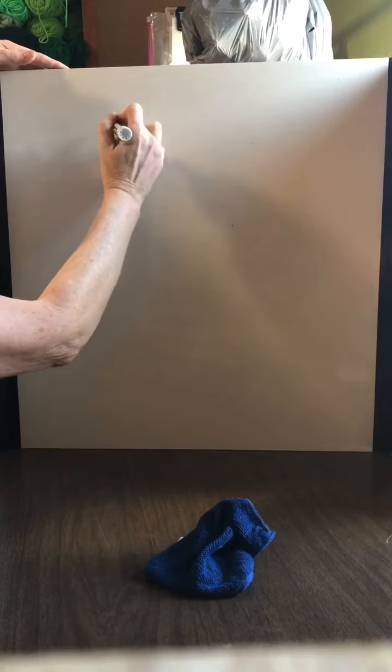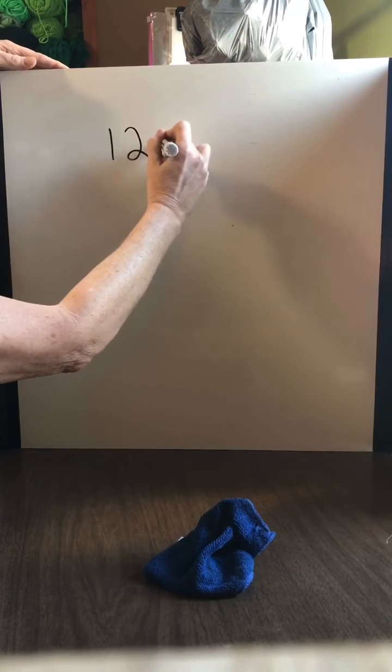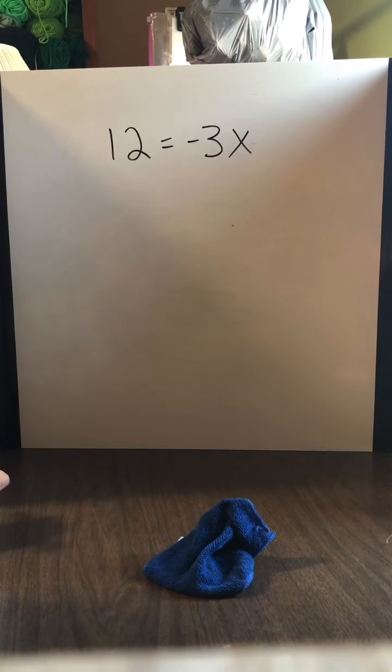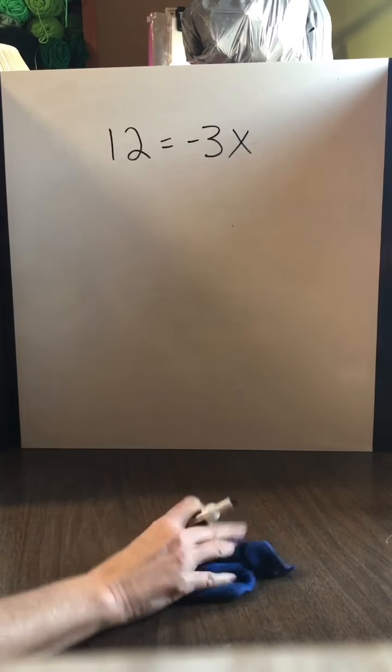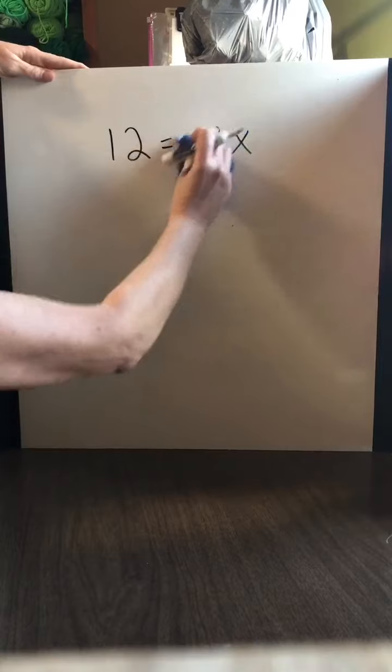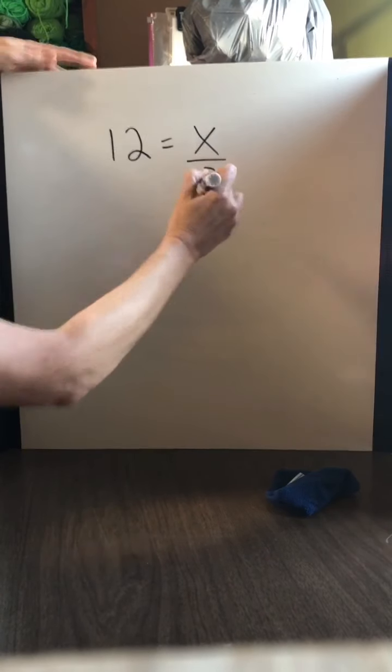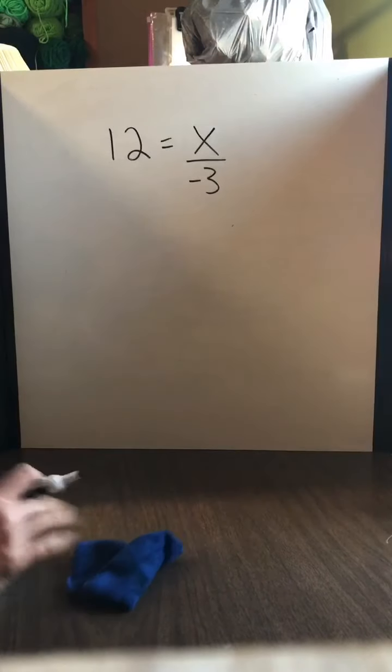You might have something like this. Okay. Oh, we're not going to do another multiplication one. Let's do this. I'm sorry. Let's do x over negative 3. Forgot we were doing division there.